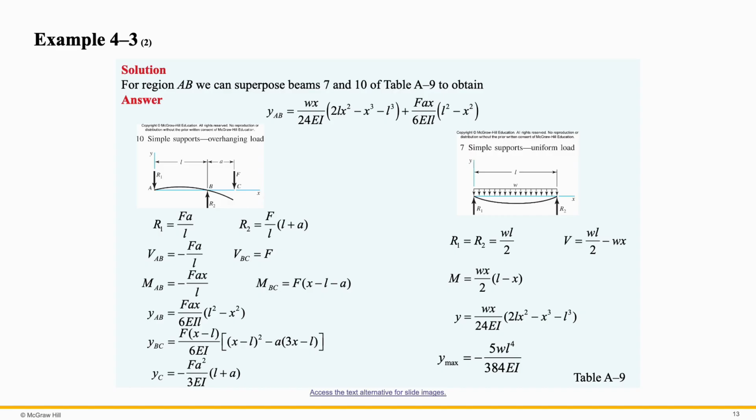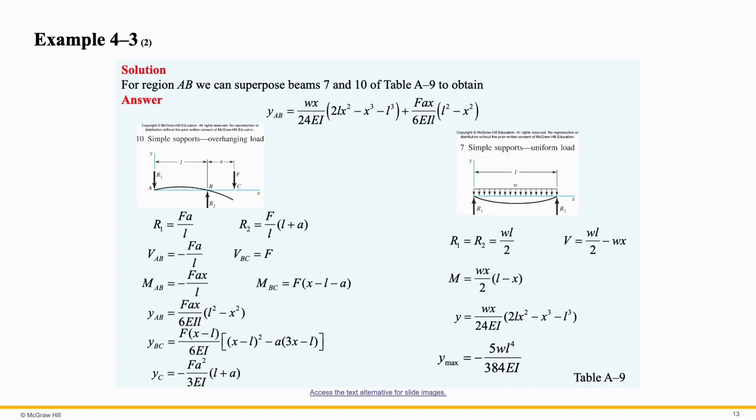First we determine the support reactions for the first and second parts and construct the bending moment equation. After constructing the bending moment equation, you can determine the deflection equations by applying the methods that we analyzed on the previous slide and also in solid mechanics. You know how to determine the deflection equation when you know the moment function.